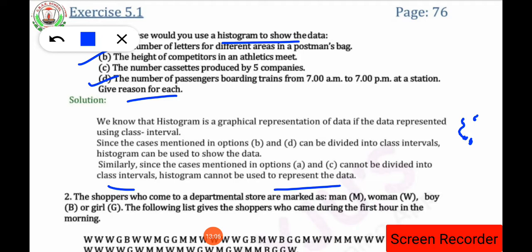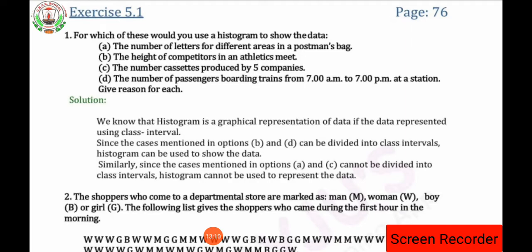So why is it so? Have you understood why it is so? Listen. In the cases B and D, we can easily draw the histogram graph. Why? Because class intervals can be easily divided in the B and D parts.